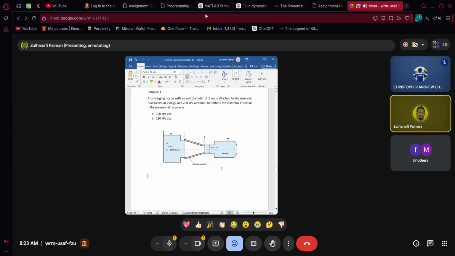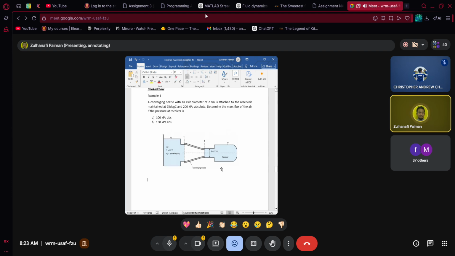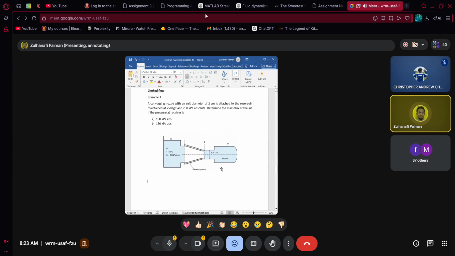Now, first we have to determine whether the flow is choked or not. We need to understand the relation between the pressure at the receiver and at the reservoir.